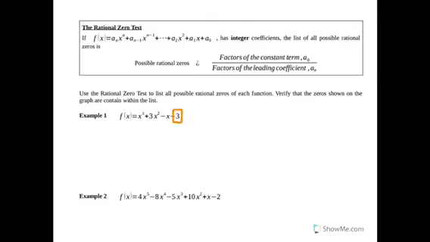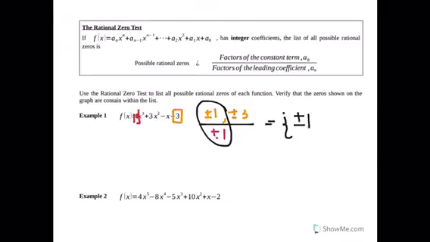So factors of 3 are plus and minus 1 and plus and minus 3. Factors of the leading coefficient, remember the leading coefficient over here is a 1, is plus and minus 1. So 1 divided by 1 is 1, then obviously plus or minus, and then 3 over 1 plus and minus 3.